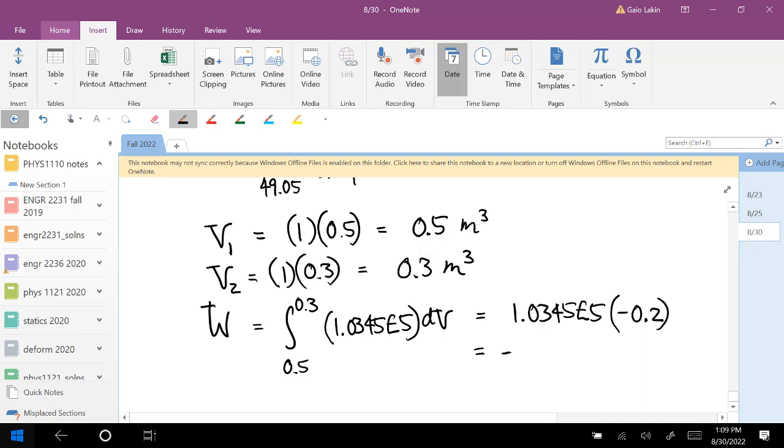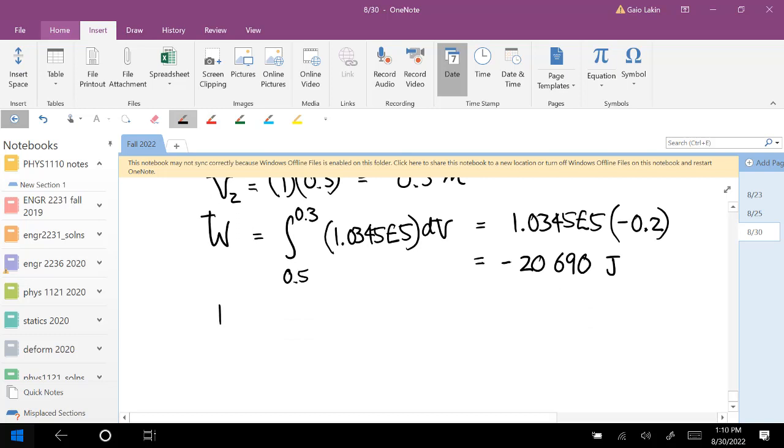Negative 2,069. Negative. Should it be negative 20,690? Okay. 20,690. Oh, yeah, I put 029. Yeah, that makes sense. Okay, joules. Does it make sense that the work is negative? The gas is contracting, the volume's getting smaller, so it should be negative.